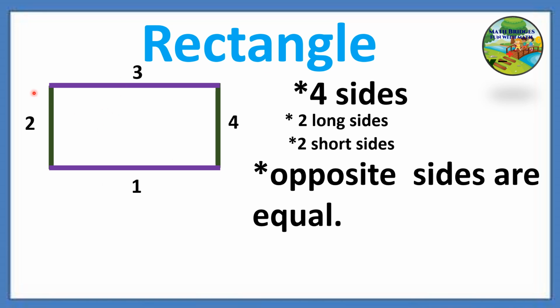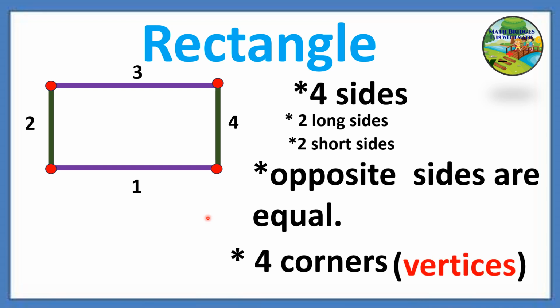Now let's see about the corners where these two straight lines are meeting. This point is known as corner, and mathematically we call it a vertex, singular form. All four together are known as vertices. So a rectangle has four corners or four vertices. I repeat, rectangle has four sides and four corners, and opposite sides are equal in a rectangle.